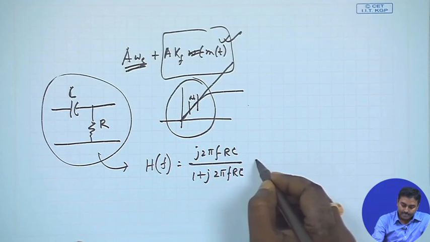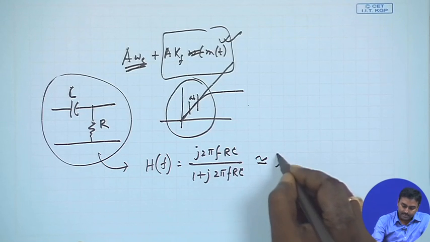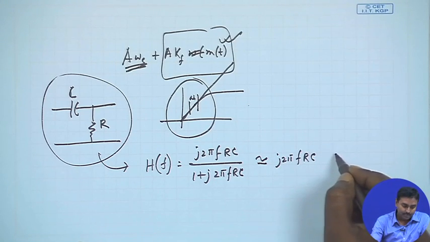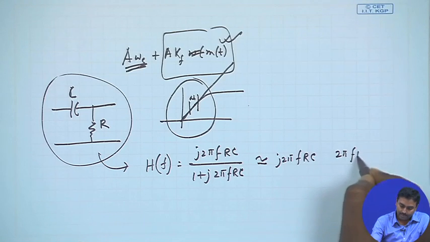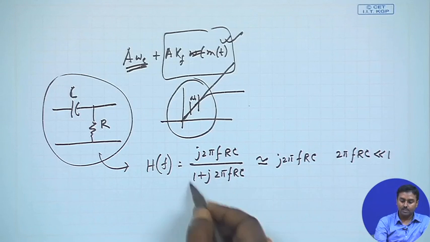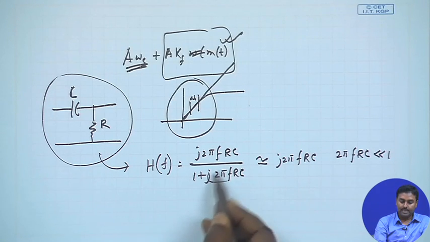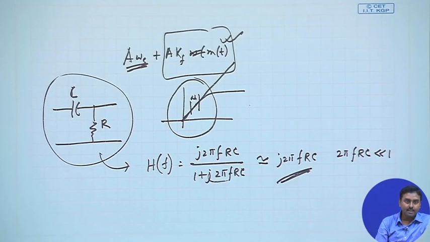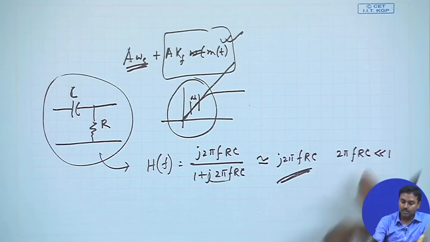Now, this can be approximated as j 2 pi f RC if this 2 pi f RC is much less than 1, because then this term will be neglected. So, there will be only 1. So, I get this. This is almost like an ideal differentiator. So, this will happen if this condition is valid.